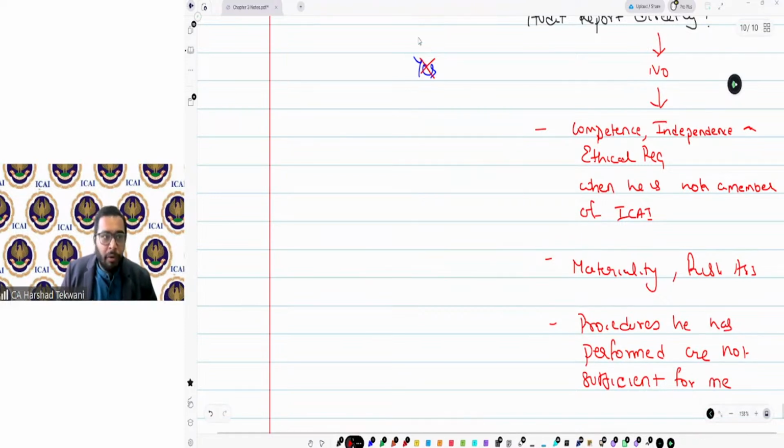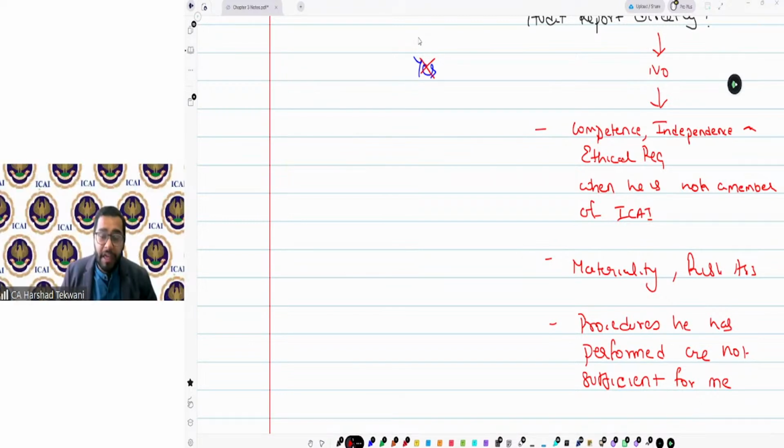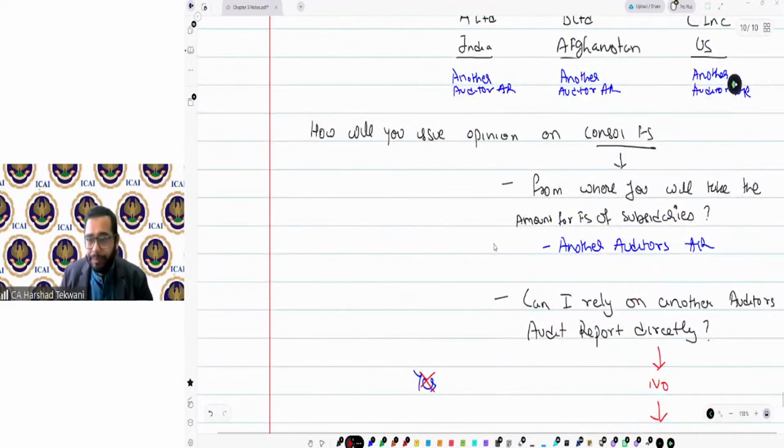Now, if these are the scenarios, like competency issue, materiality issue, procedural issue, then I need to make sure that these are performed and then only I can rely upon the work that is being performed by another auditor.